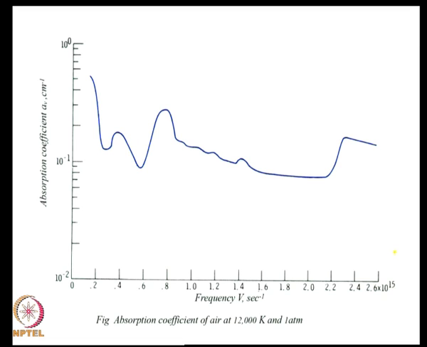Notice that in comparison to what you saw for carbon dioxide, water vapor and so on, where the absorption coefficient had a very complex structure with wavelength, here it is a fairly smooth function. As a matter of fact, one look at this and you can assume air at 12,000 Kelvin to be a grey gas with a constant absorption coefficient. You will not make too much error.